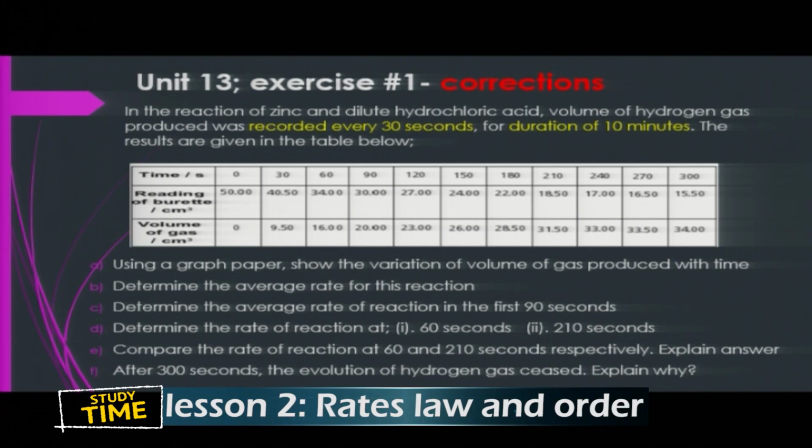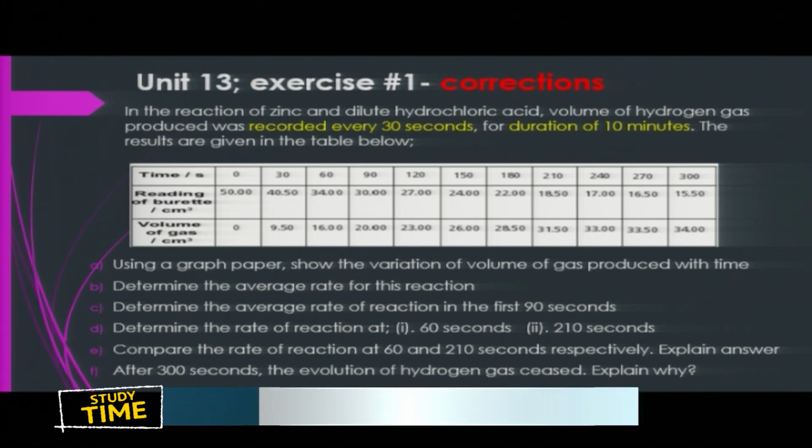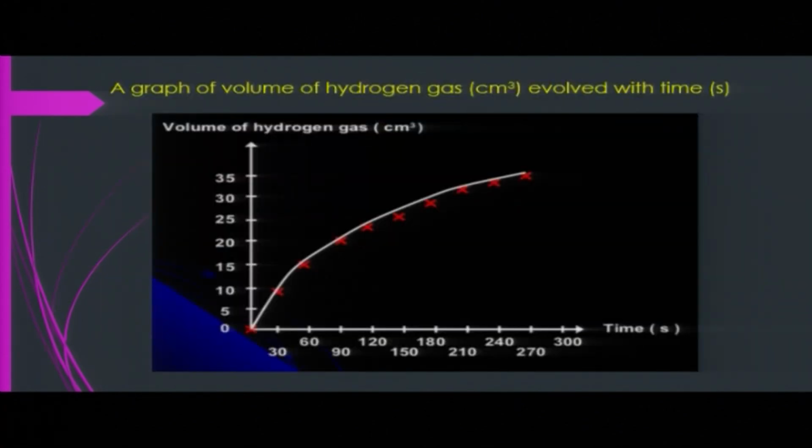I told you, get the graph paper, plot, and go through those questions. I want us to go through them together as you refer to your responses. Get your calculator, get your graph paper where this work was done, then we grade it. Question 1, use a graph paper, then show the valuation. So that is the answer.